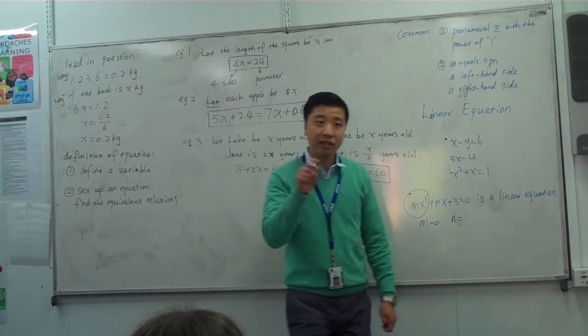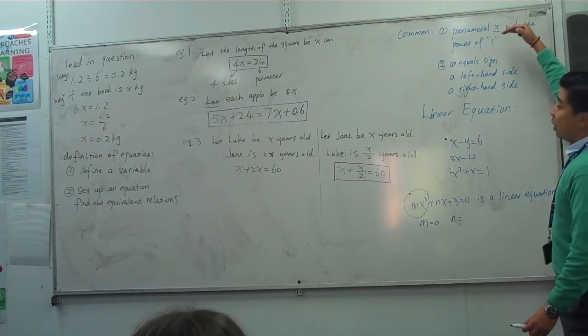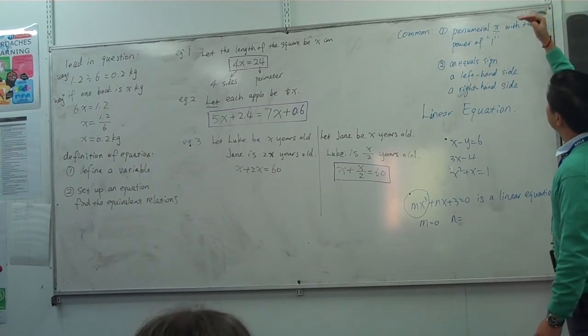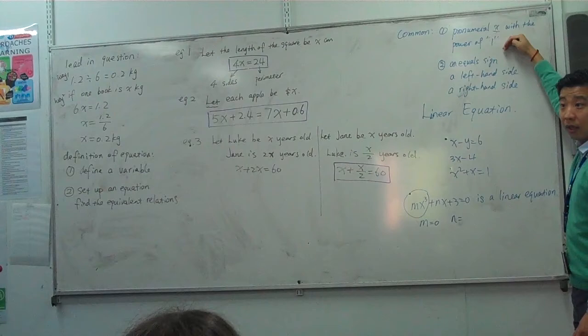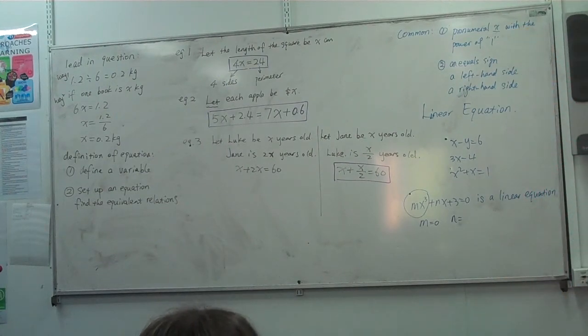I want you to have a discussion. Think of the definition all the time. The definition is power of 1, and then equal sign. Alright, have a discussion with your partner.